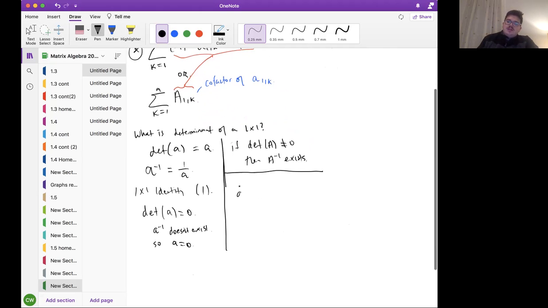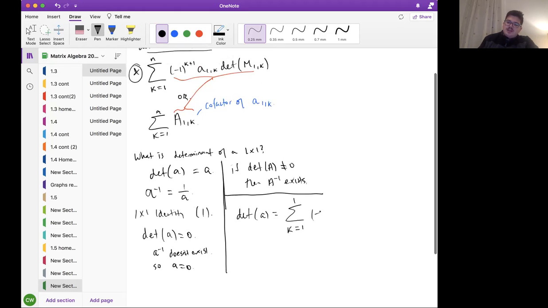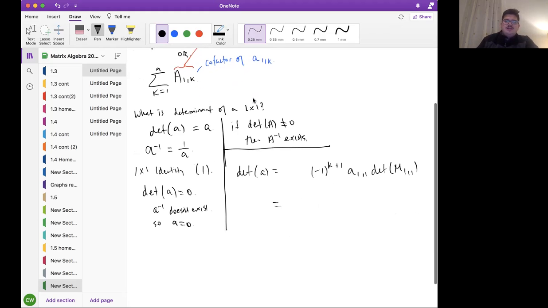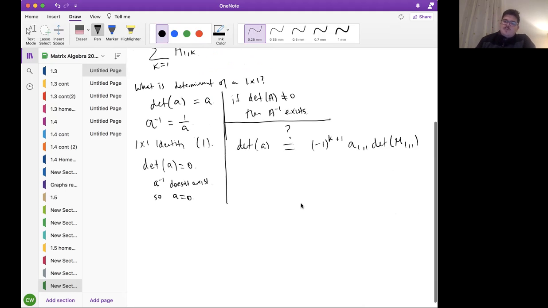So we could say the determinant of A is equal to the sum of k equals 1 to 1 of a very boring thing, -1 to the k plus 1 A11 det of M11. The sum doesn't matter since it's only one term. But yeah, what is M11? So this is not a real thing. What is M11?